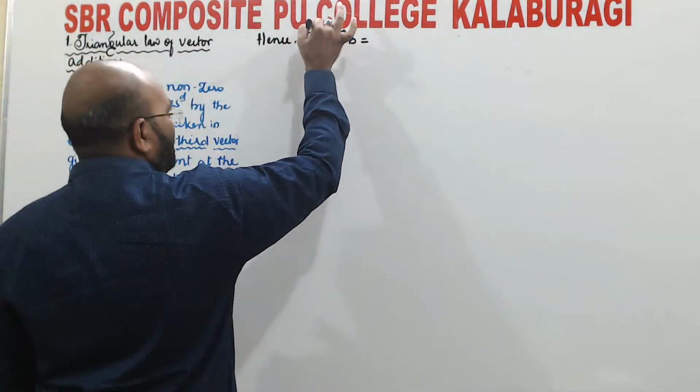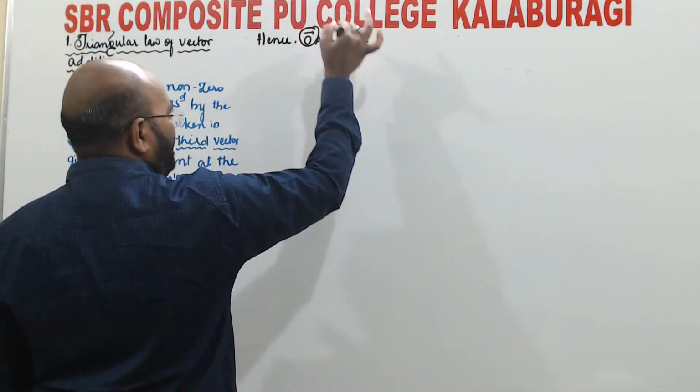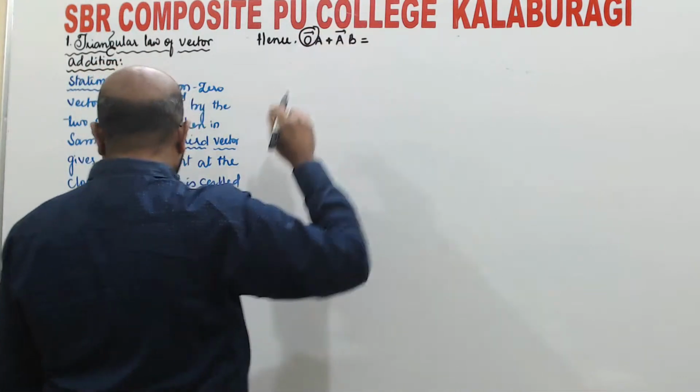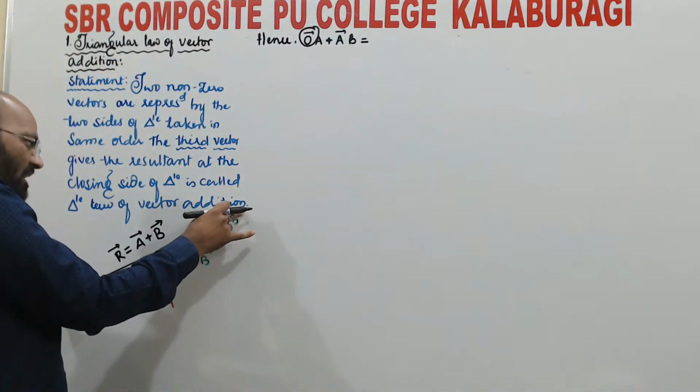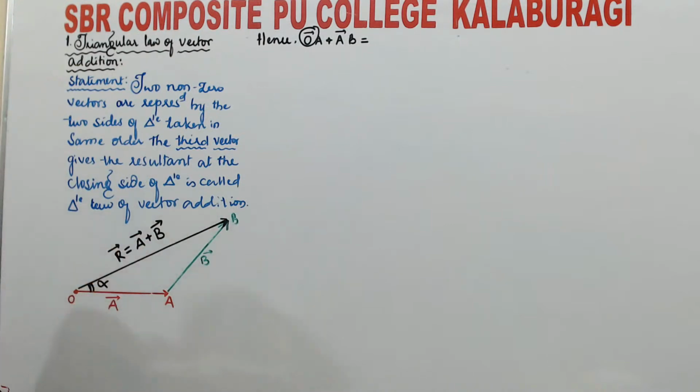You remember? This is the first point. And the second one is OB, which gives the resultant R. So that is the OB vector.